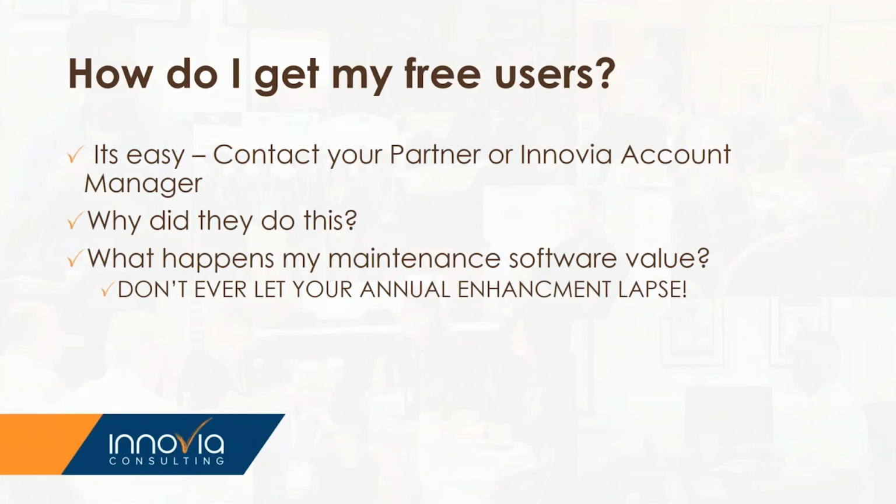Well, the software value now becomes, in this case, 210 users times 3,000, which is $630,000. And so what does that mean to you? It means you just got $400,000 worth for free.